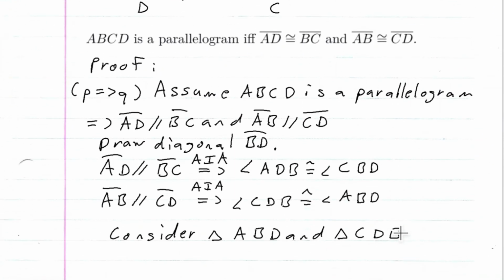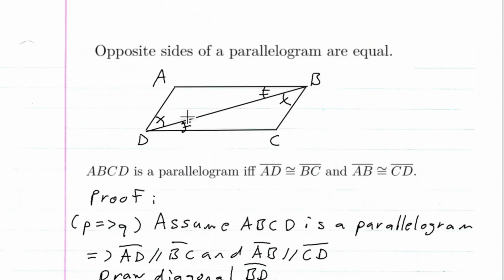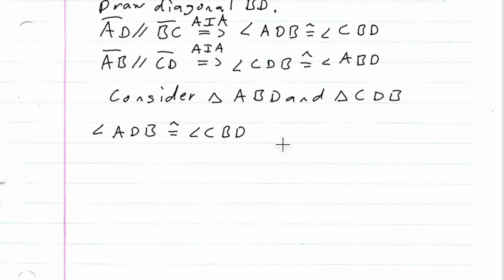So we know that angle ADB is congruent to angle CBD. We know that BD is congruent to itself, BD is congruent to BD. And we know that angle ABD is congruent to angle CDB, right?